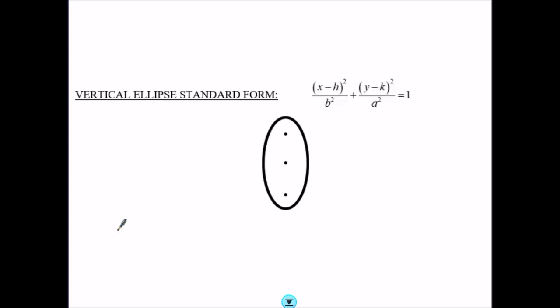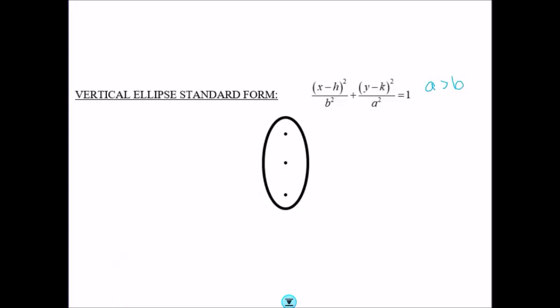For a vertical ellipse, everything is very similar to that of the horizontal ellipse. Our equation is (x minus h) squared over b squared plus (y minus k) squared over a squared equals 1. And we still have that a is greater than b. So we still have the center at (h, k).